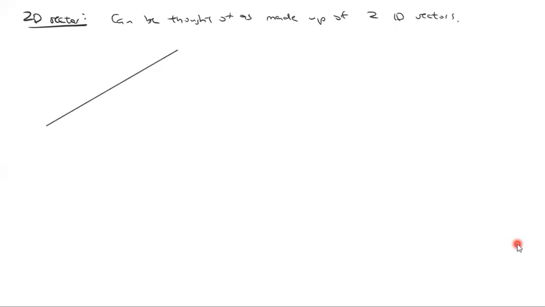So if you've got a 2D vector like this, and it's got a length of, let's say, k at an angle of theta horizontal and vertical, often we will consider this as the x, which is the horizontal component.